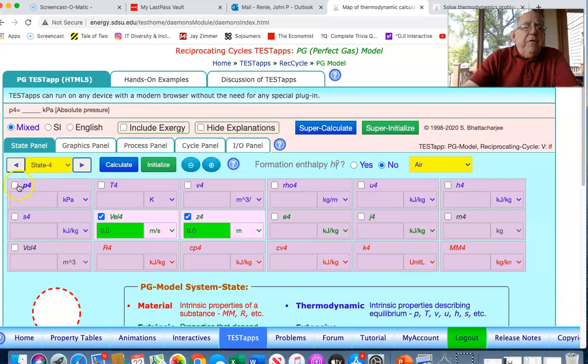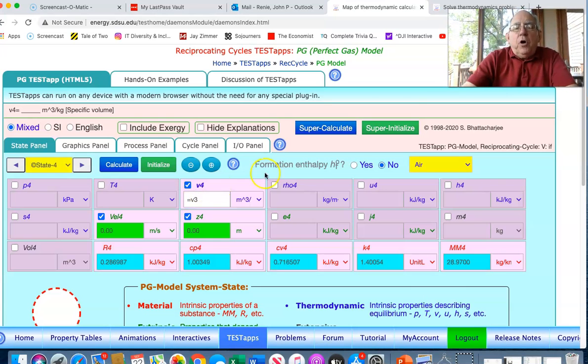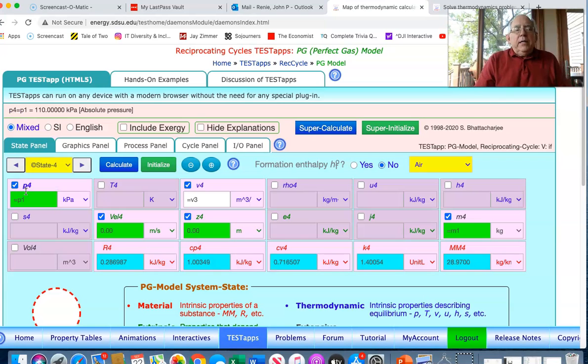So state 4 is a constant volume process, and the volume is the same as volume 3. The mass is equal to M1, and the pressure went down to P1. And so we have, again, one thermodynamic state. We know what the second thermodynamic state is as soon as we calculate state 3. And so we have the 4 states.